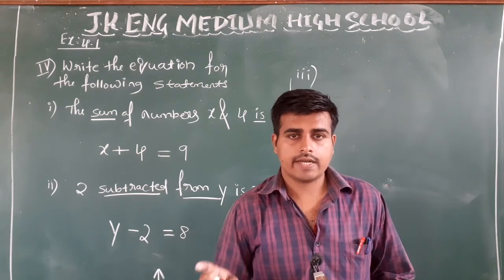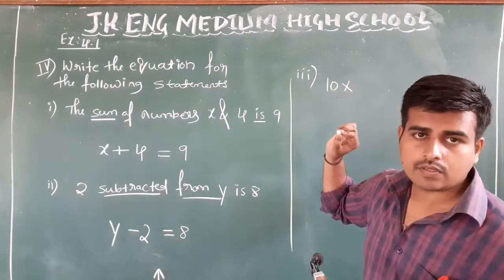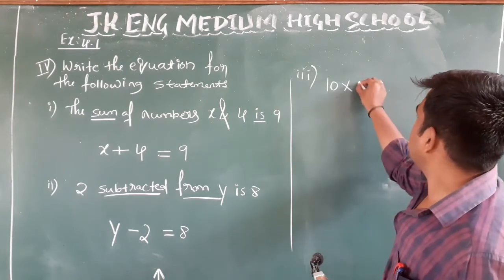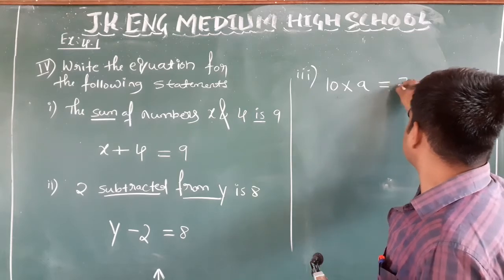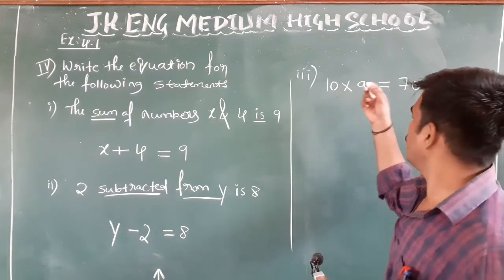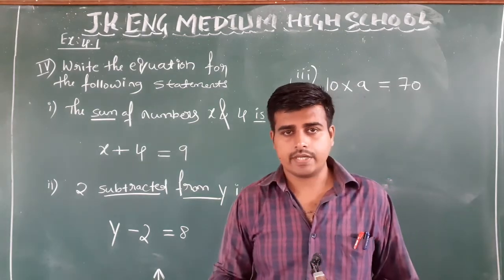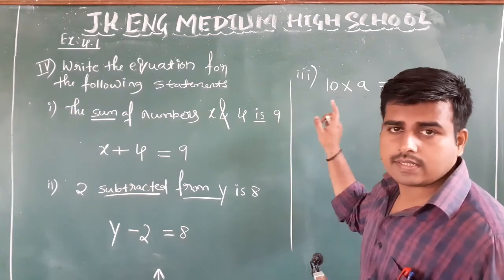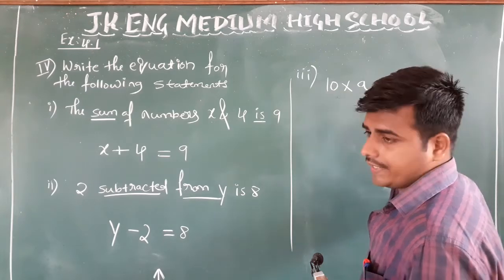Remember, 10 times A is 70. Is means equal, 70. 10 into A is equal to 70, which is nothing but 10A. Even you can write 10A is equal to 70, or even if you write like this, it is also fine. This is also correct. Don't worry. 10 into A. 10 times A is 70. Very simple.